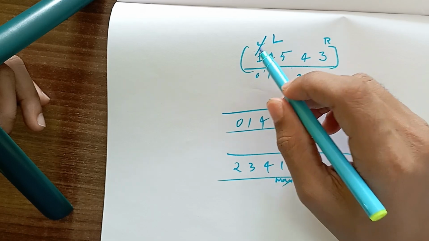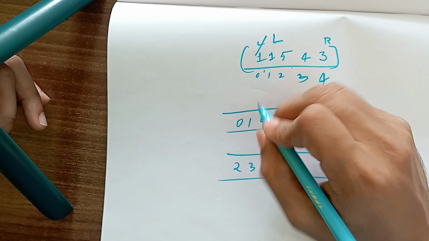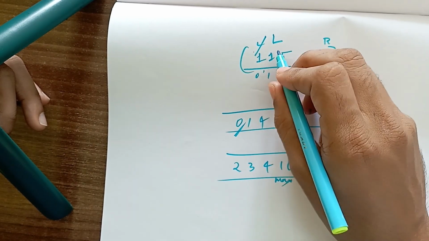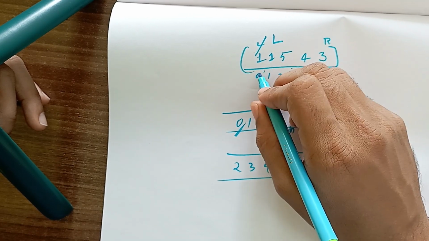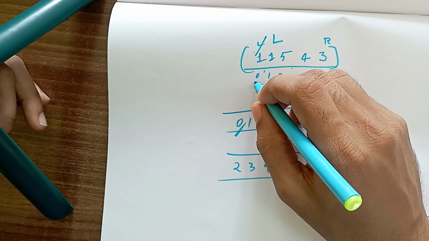But while we are incrementing, we need to consider that if an index is less than the left pointer, we need to remove it from the front. Left is now 1, but we have 0.